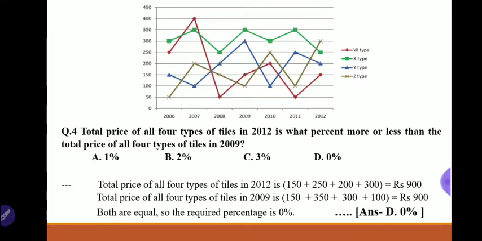Next, the total price of all four types of tiles in 2012 is what percent more or less than the total price of all four types of tiles in 2009?